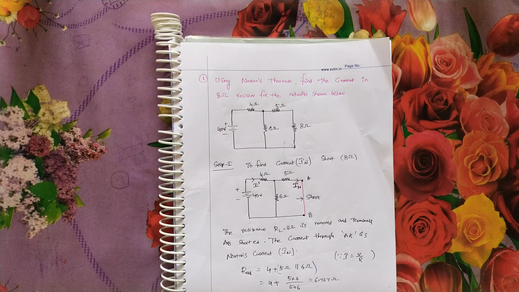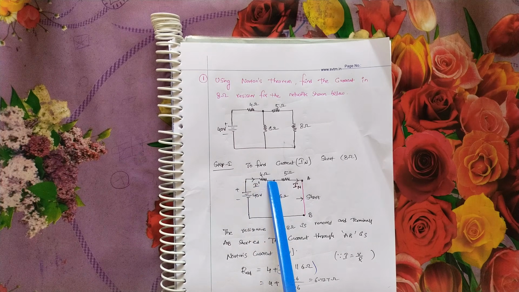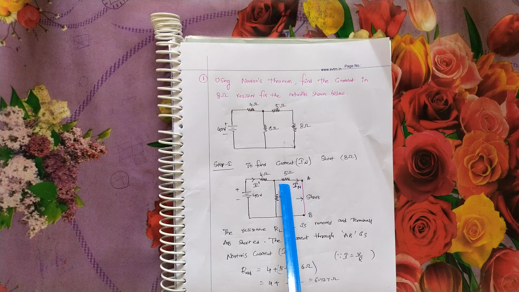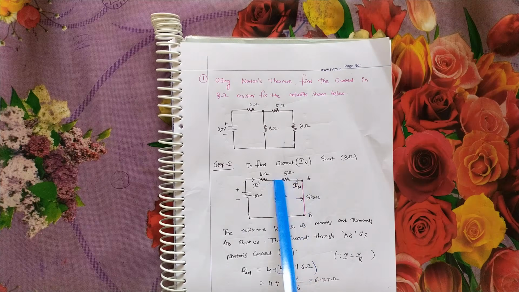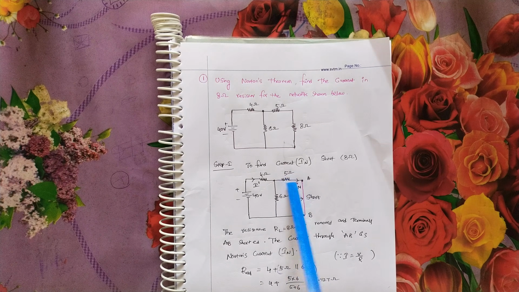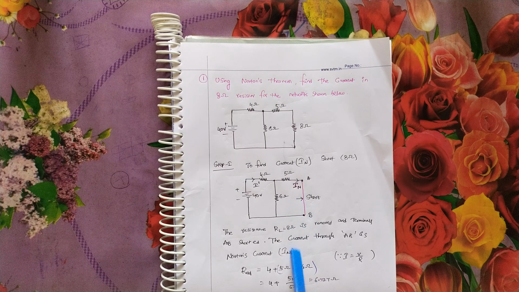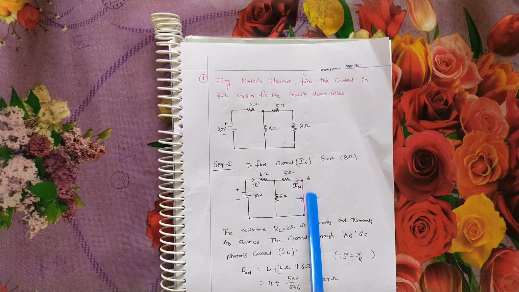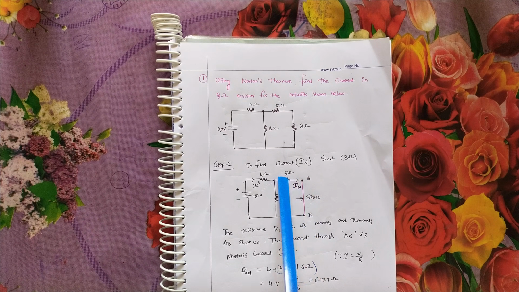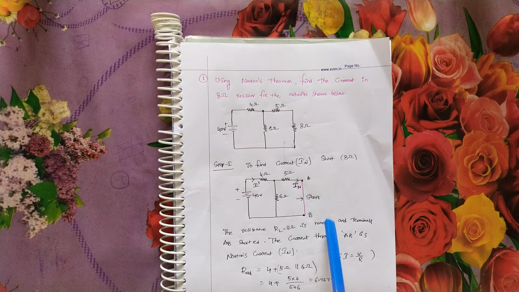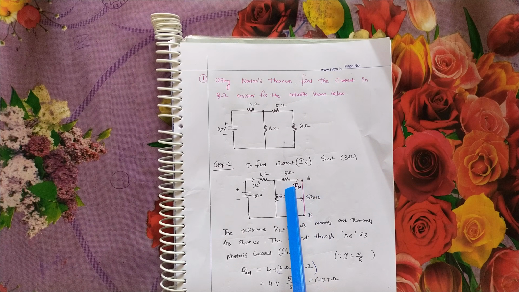Now Norton's current is the current flowing in the 5 ohms resistance. What is the current flow in the 5 ohms resistance? It is called Norton's current, or short circuit current. Here we have short circuited, and the current flowing through here is what we call Norton's current. Norton's current IN equals I dash, the total current, into the opposite resistance by the total resistance.